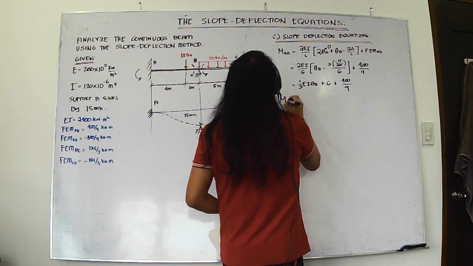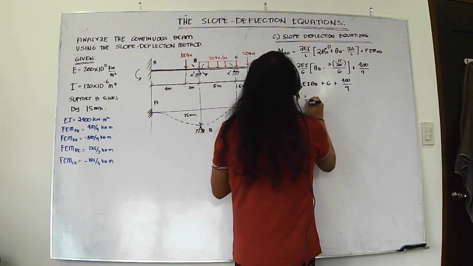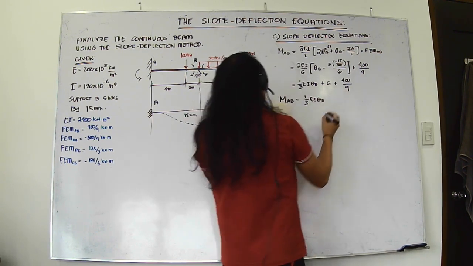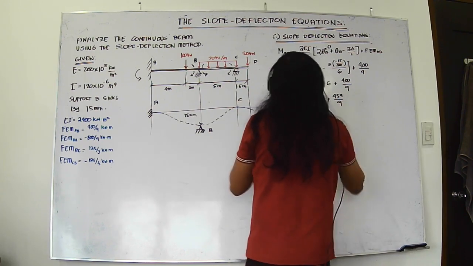Further simplification will yield MAB equal to 1/3 EI theta B plus 454 over 9.